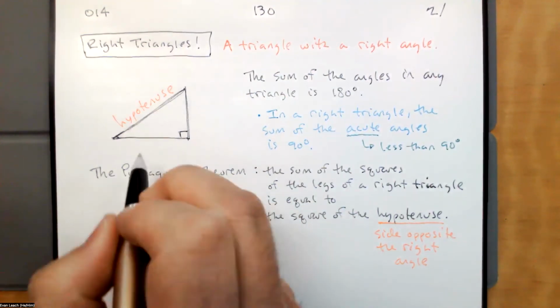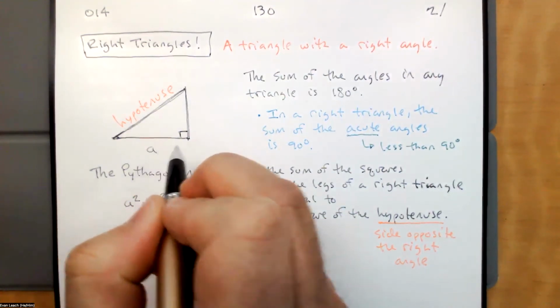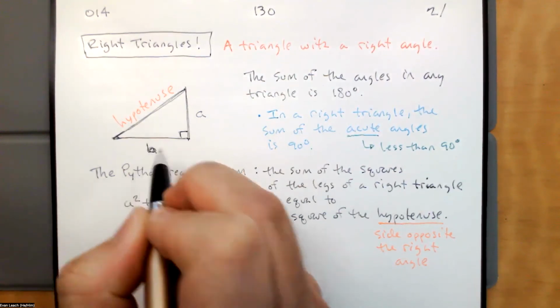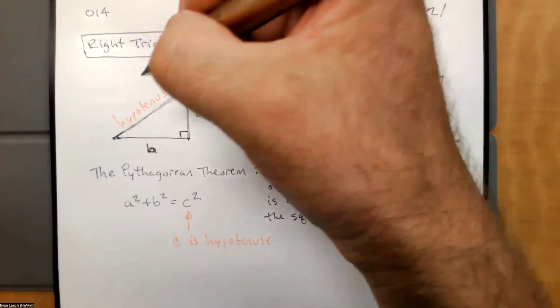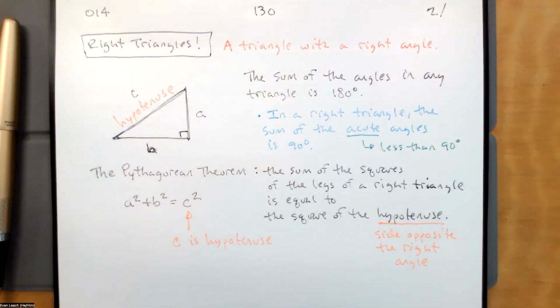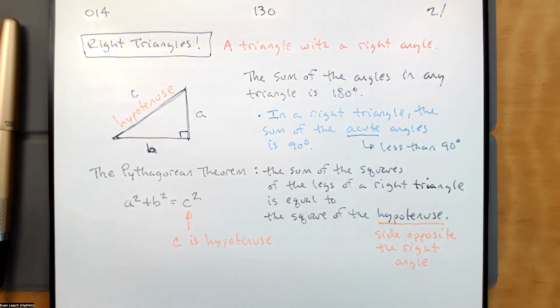But thanks to algebra, we have a more convenient way of remembering the Pythagorean theorem. All we have to do is remember that c is the hypotenuse, and a and b are whatever legs we want them to be.